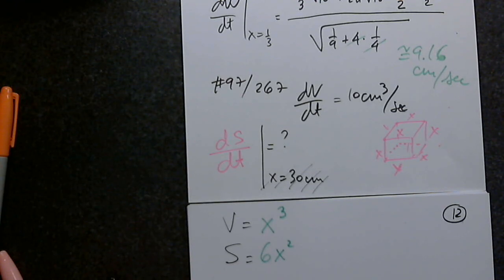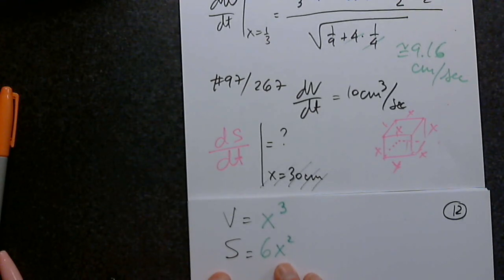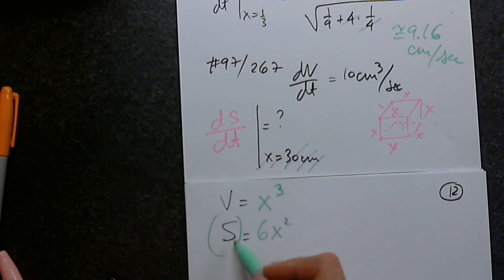So we are given dV over dt. Let's start right there. Or let's start here. So when I differentiate the left-hand side and the right-hand side, what do I get?